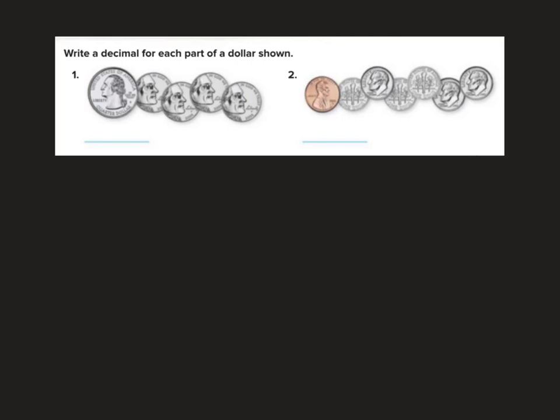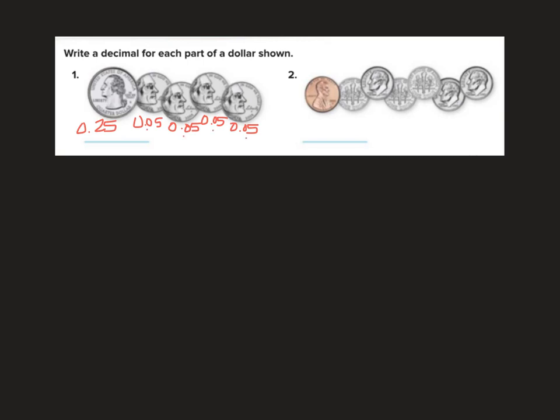Okay, so here we go. Write a decimal for each part of the dollar shown. Here I have 25 cents. Here I have 5 cents. 5 cents, 5 cents, 5 cents. So 25, 30, 35, 40, 45.